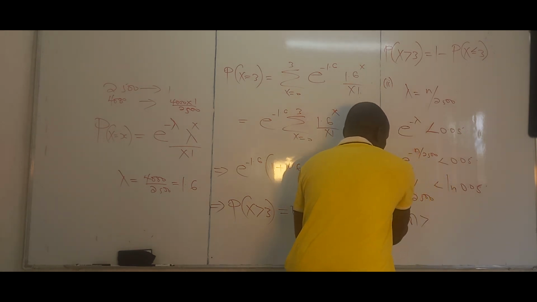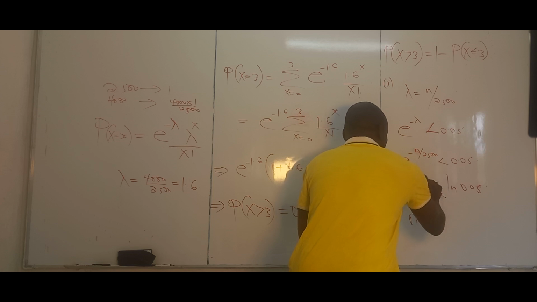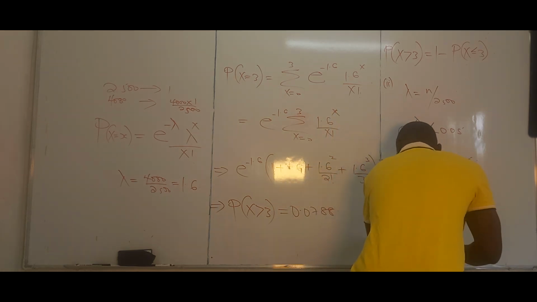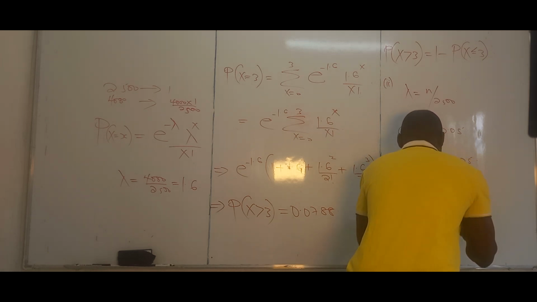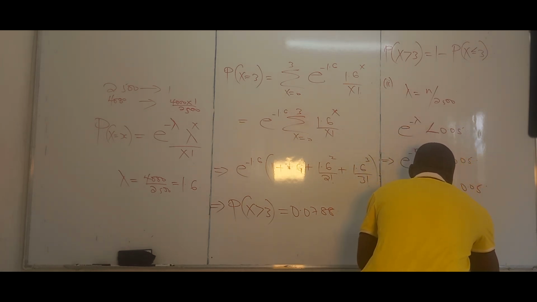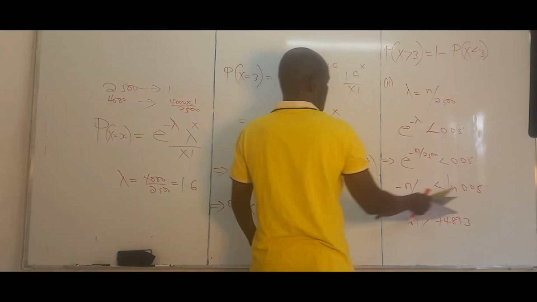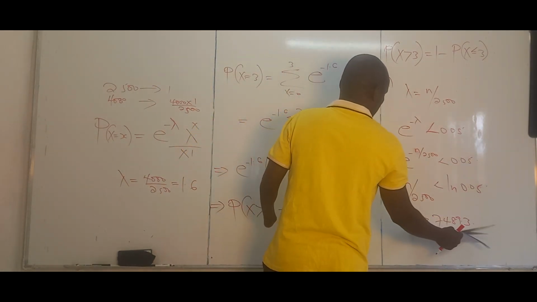Now, the effect of the negative sign in your operations is that if you divide everything by a negative, it switches the direction of the inequality, and that's why we have this here. So n is greater than 7489.3. If you make n the subject and use your calculator, you should be able to get this.